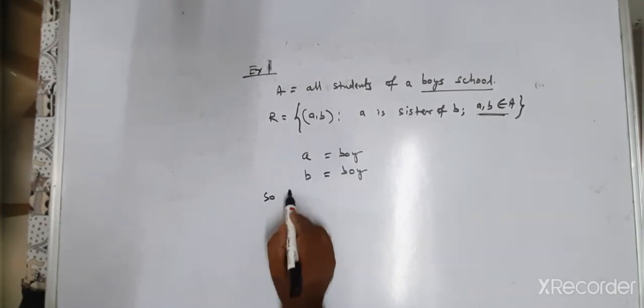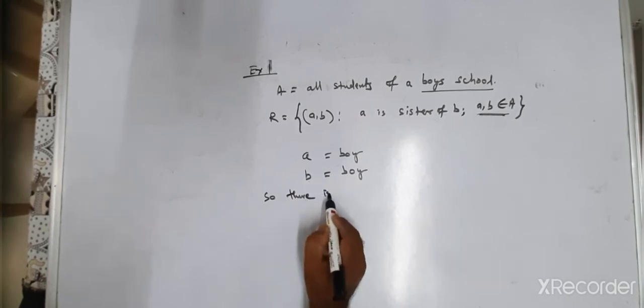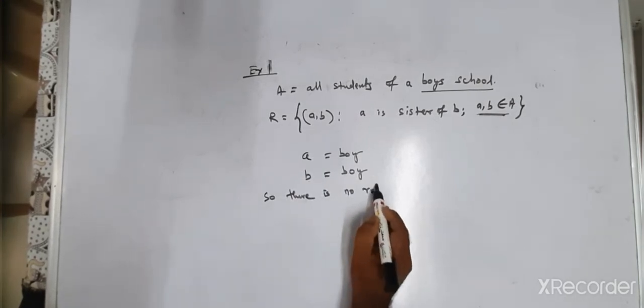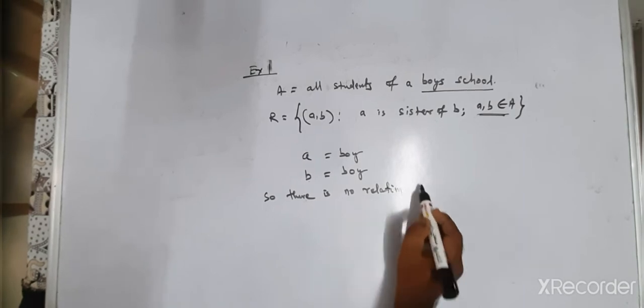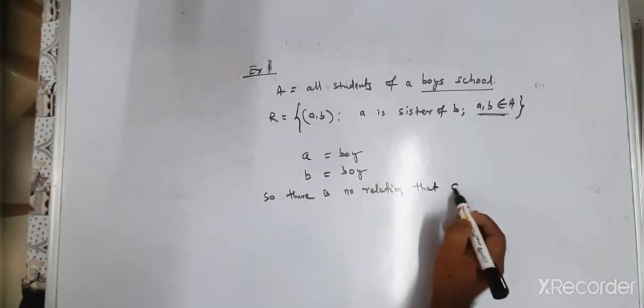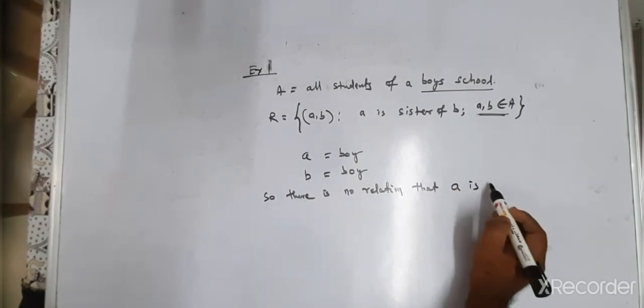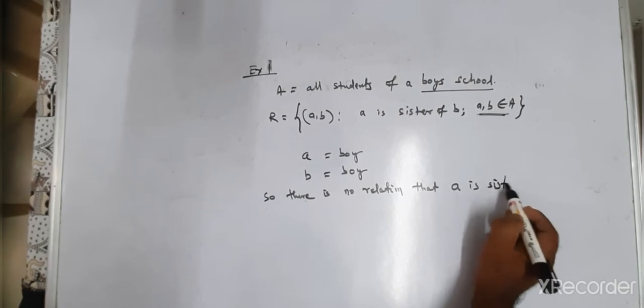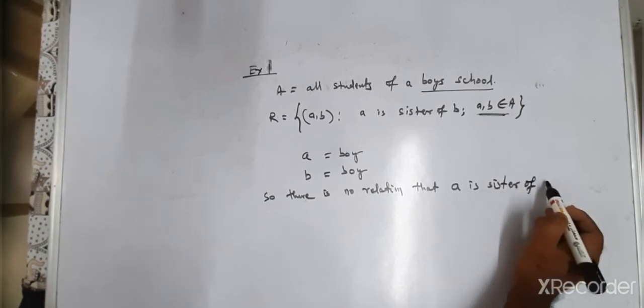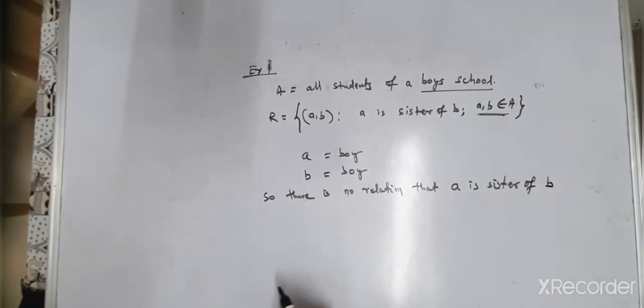So there is no relation that a is a sister of b.